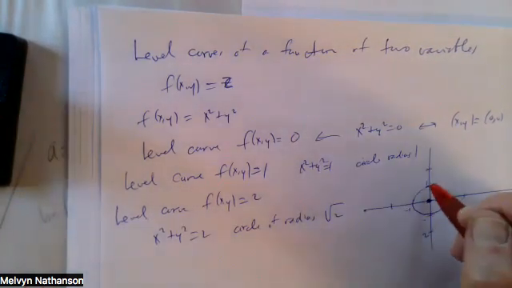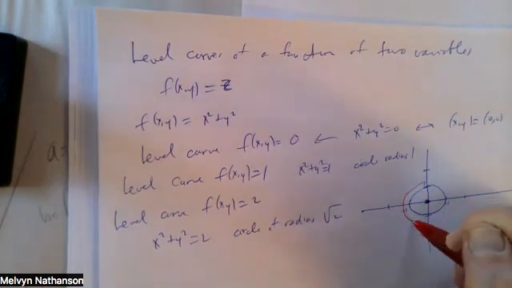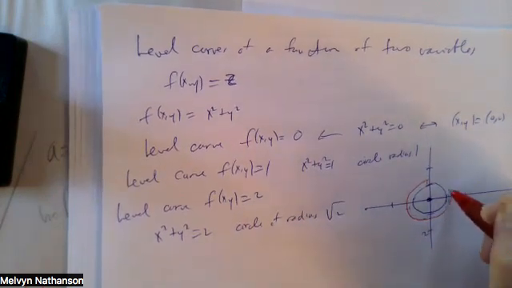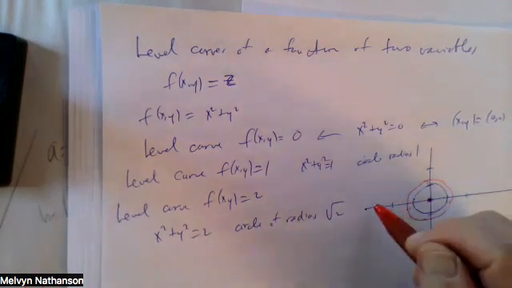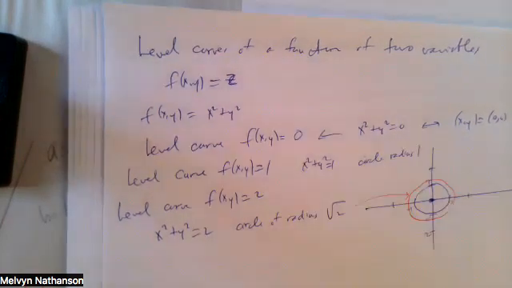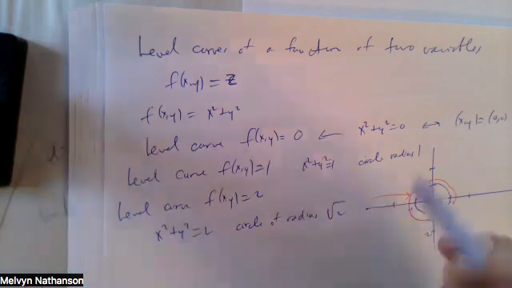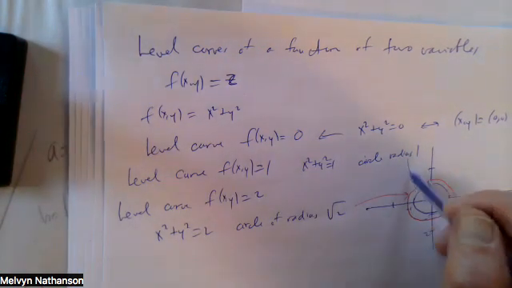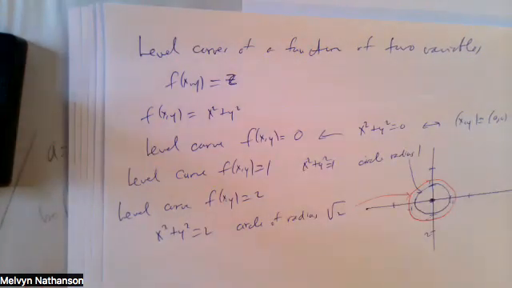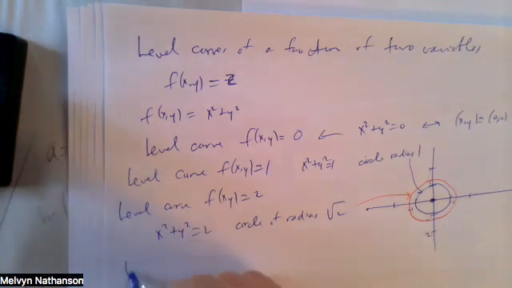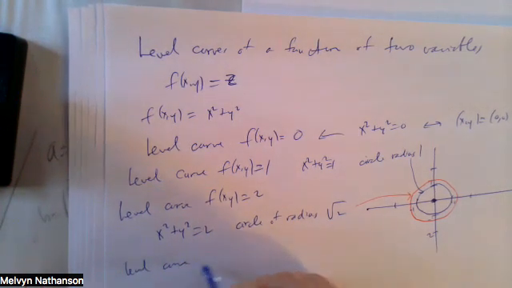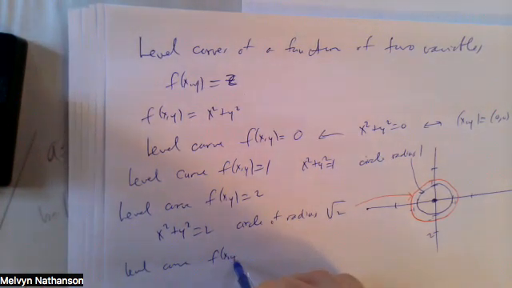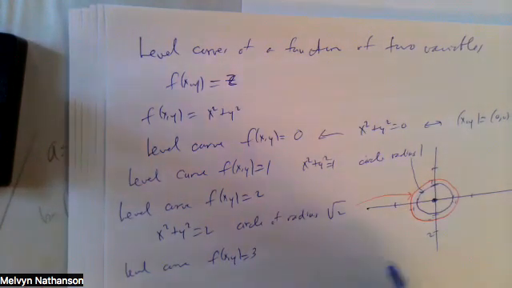So that's a circle that looks something like this. Circle of radius 1. What's the level curve f of x, y equals 3?